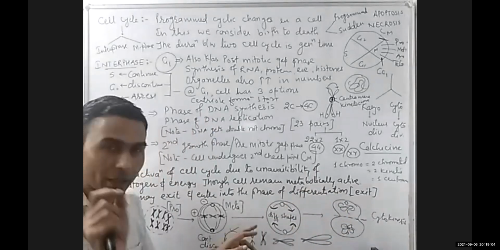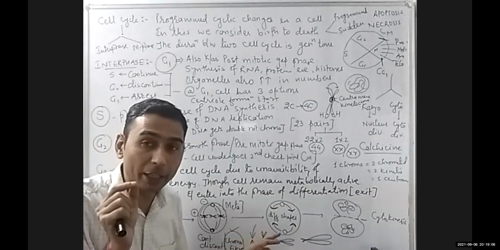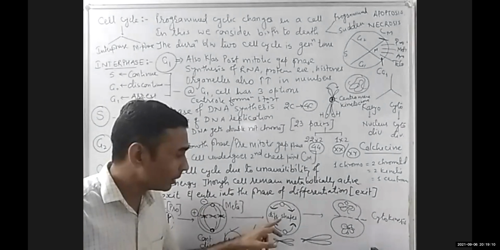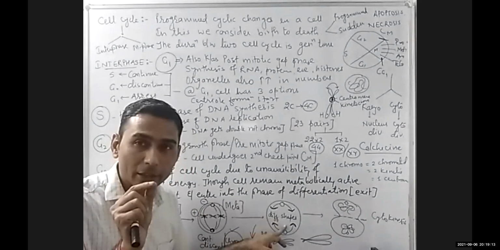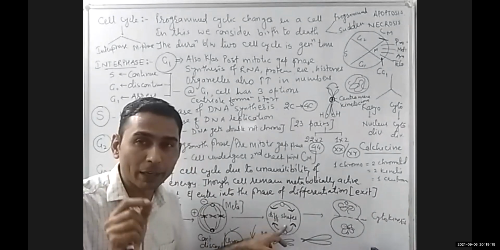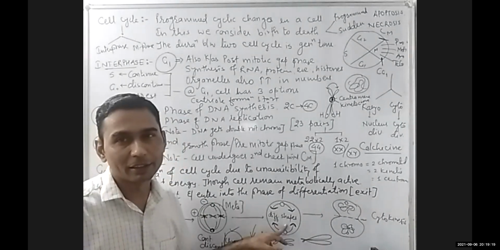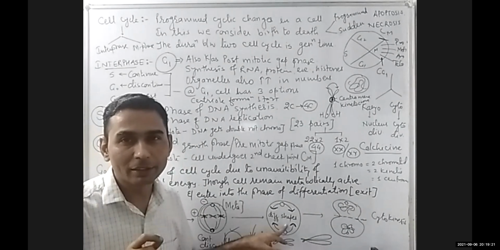So for a very short moment, you will see a statement in whatever reference book we are using: for that moment only, each chromatid has its own centromere. Did you understand this statement?